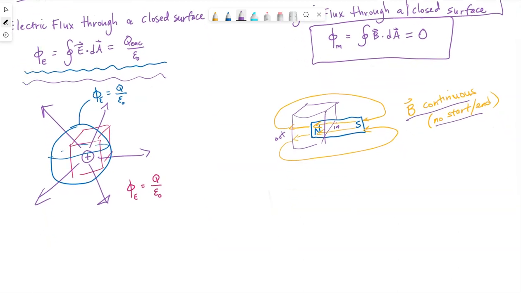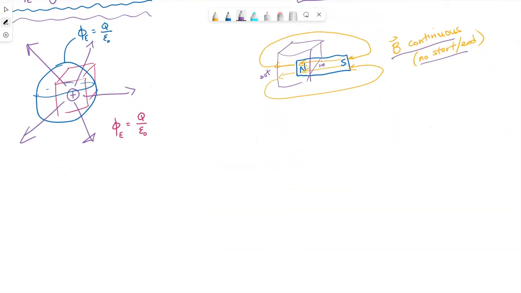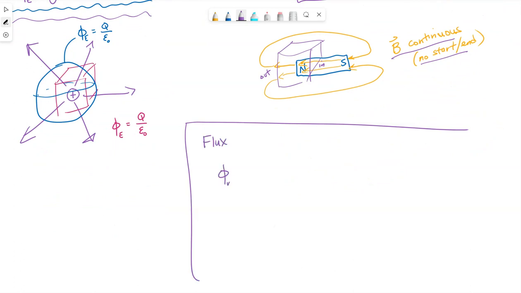But this concept of flux in general, not through a closed surface, magnetic flux through an open surface, so a rectangle, something like that, not closed, is extremely important because it leads us to induction.